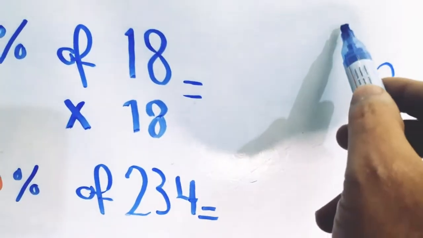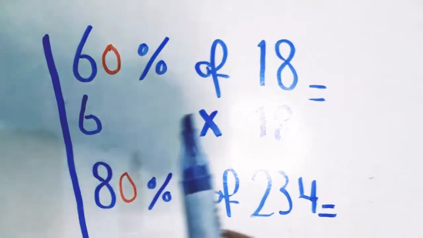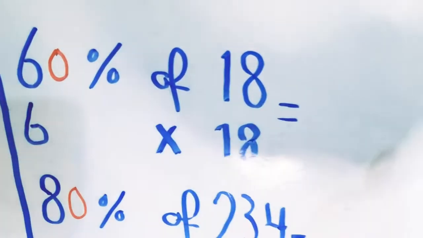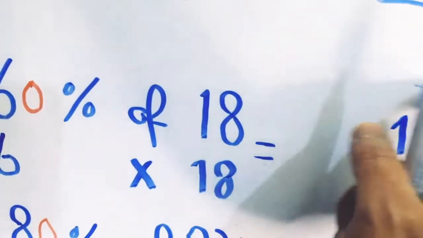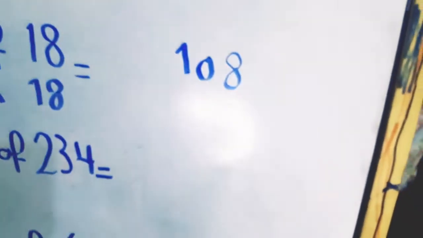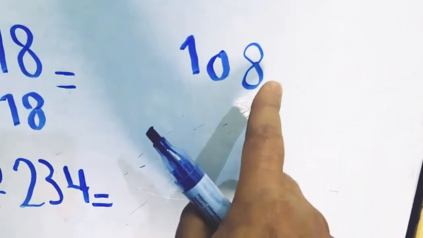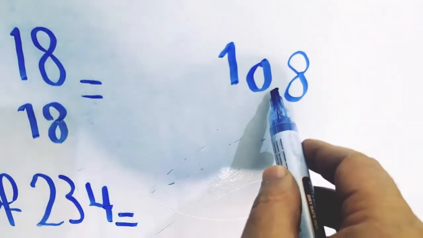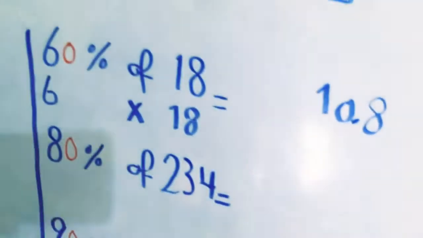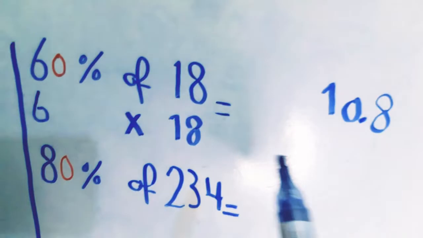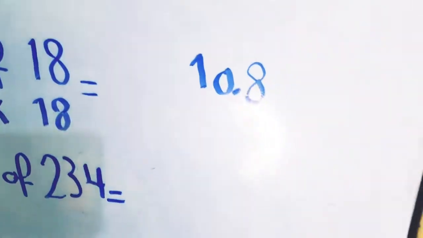We write 8 and carry forward 4. 6 times 1 equals 6. 6 plus 4, 10. Then we put the decimal point after one digit from the right side. So the correct answer, 60% of 18 equals 10.8.